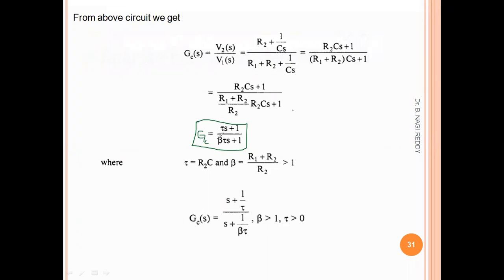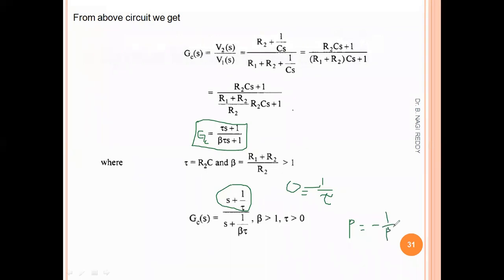From this expression, the zero is at minus 1 by tau, and the pole is at minus 1 by beta tau.